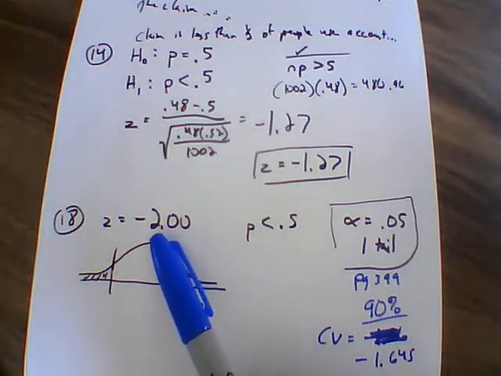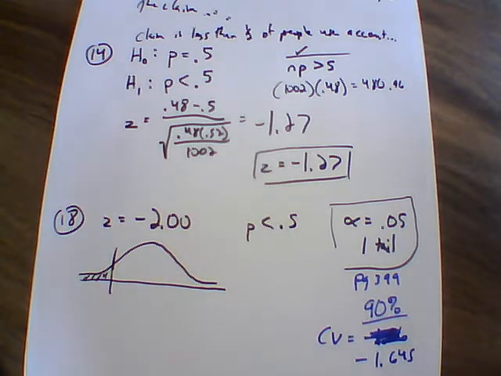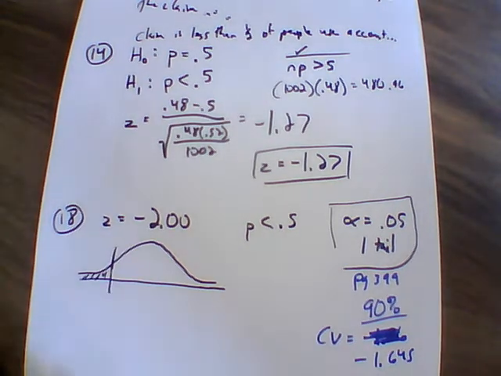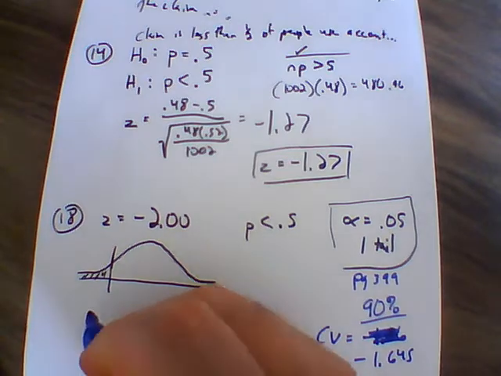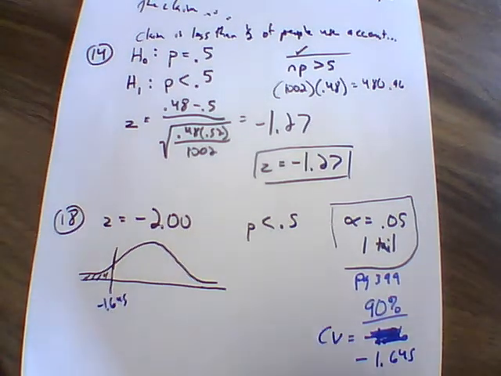Once again, because we're on the left side being less than, it would be a negative 1.645. So this critical value is going to be right here, negative 1.645.